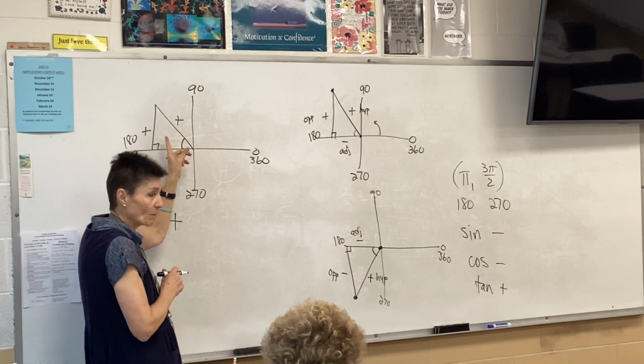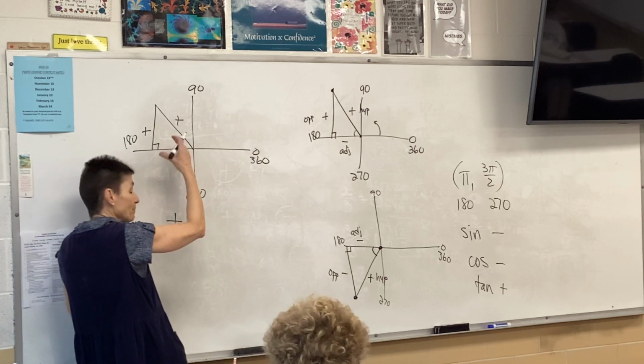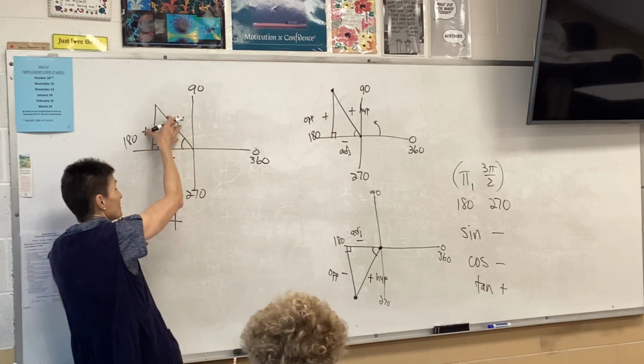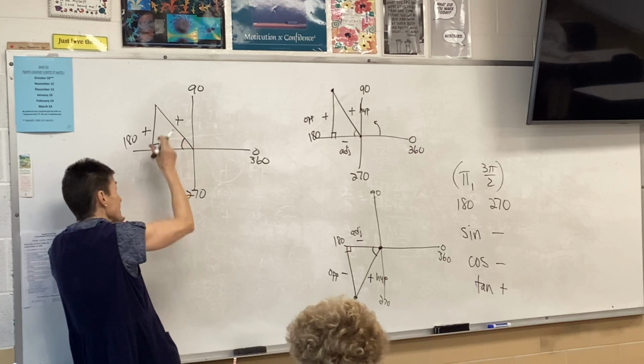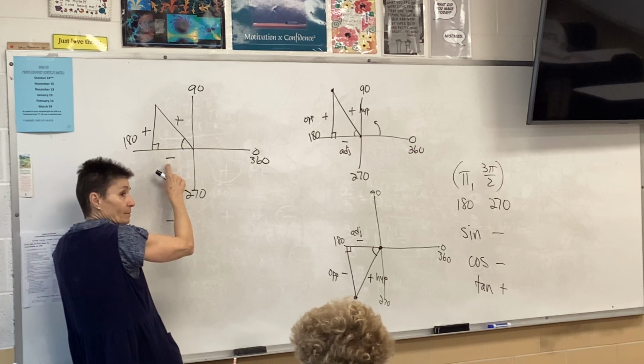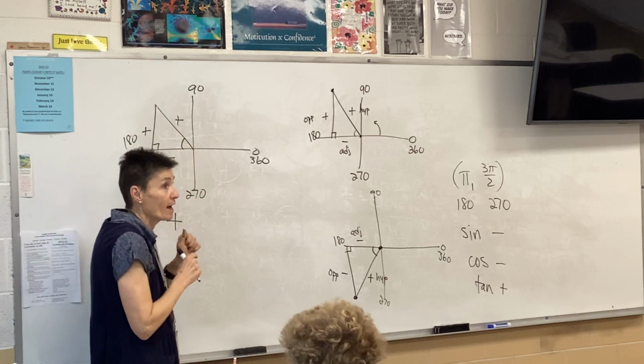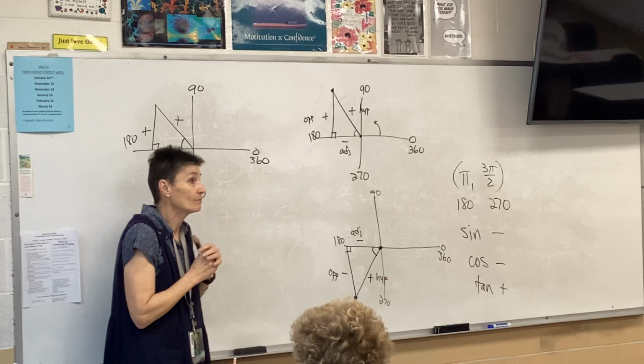So this time I want the cosine. So the angle happens to be, coincidence, in the same quadrant. I can use the same picture. Cosine is adjacent over hypotenuse, so the cosine will be negative.